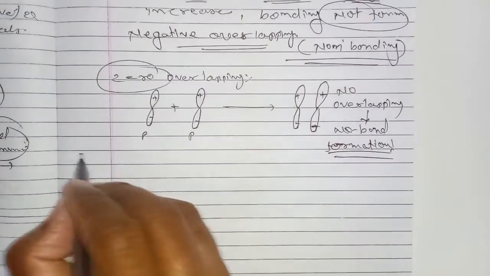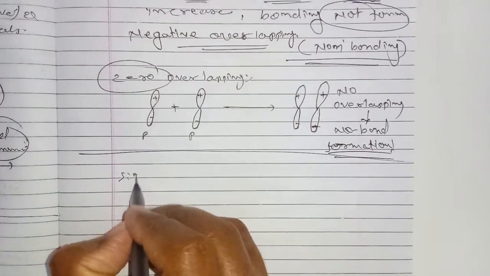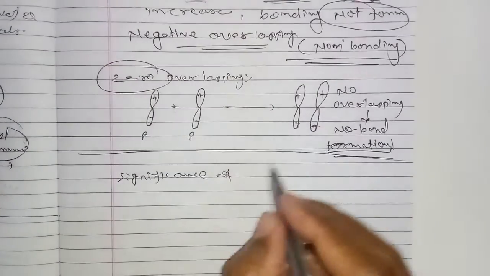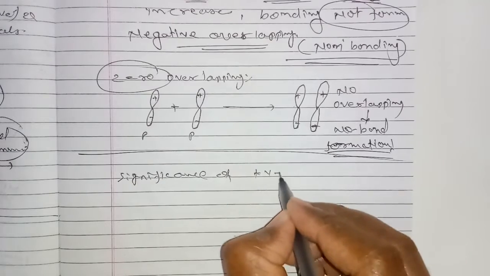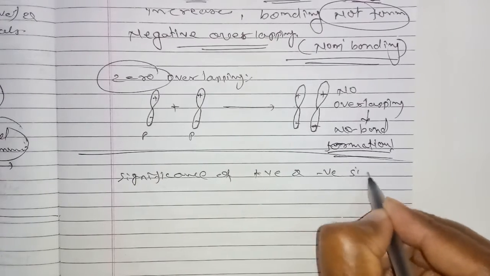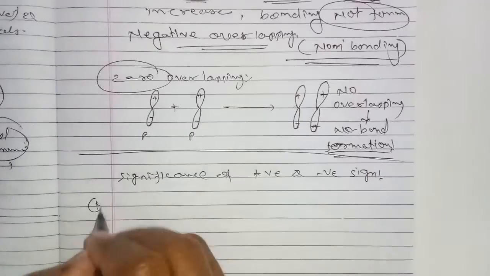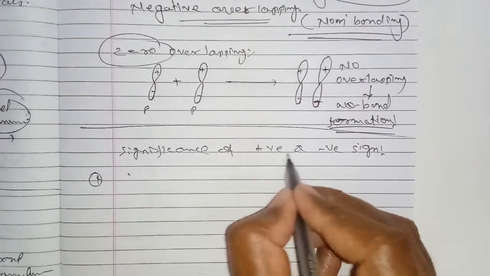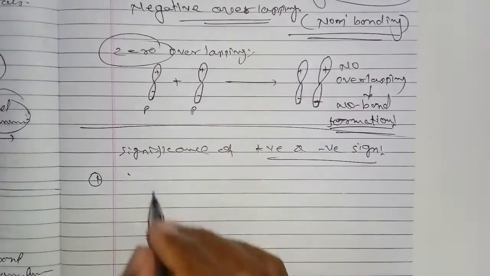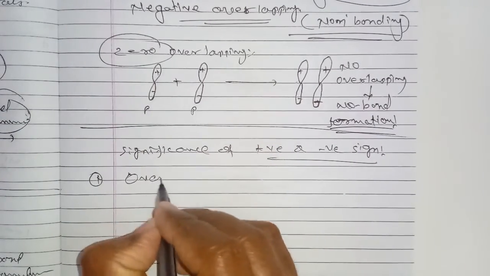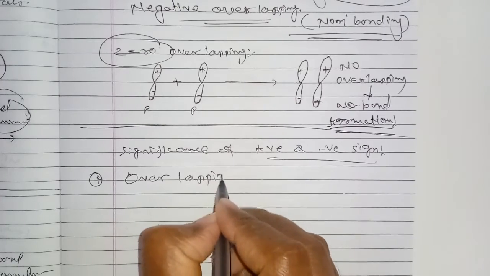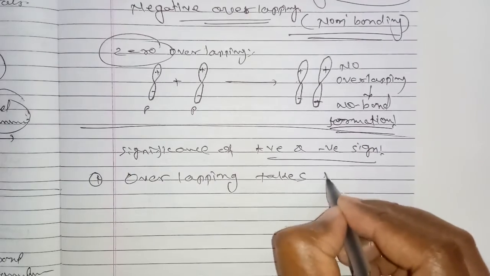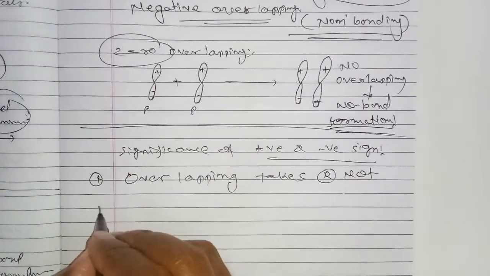Now the significance of the positive and negative signs. First, whether orbital overlapping takes place or not.